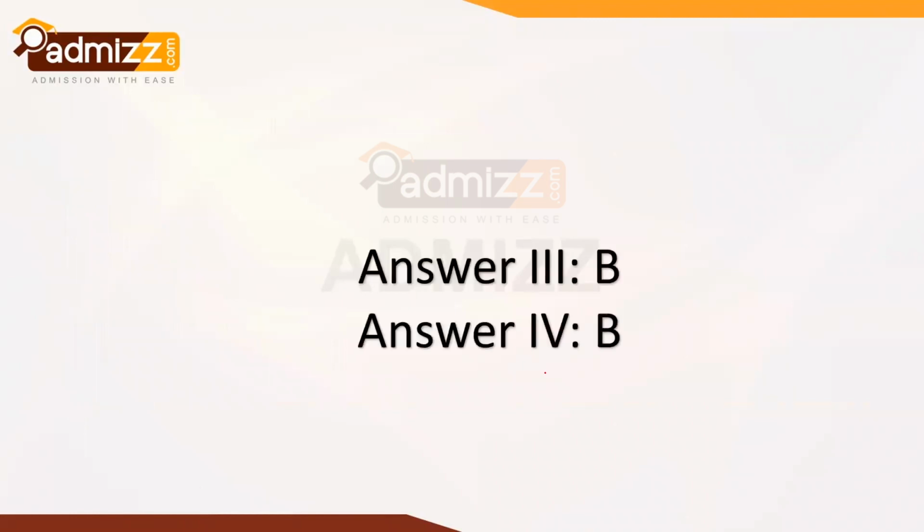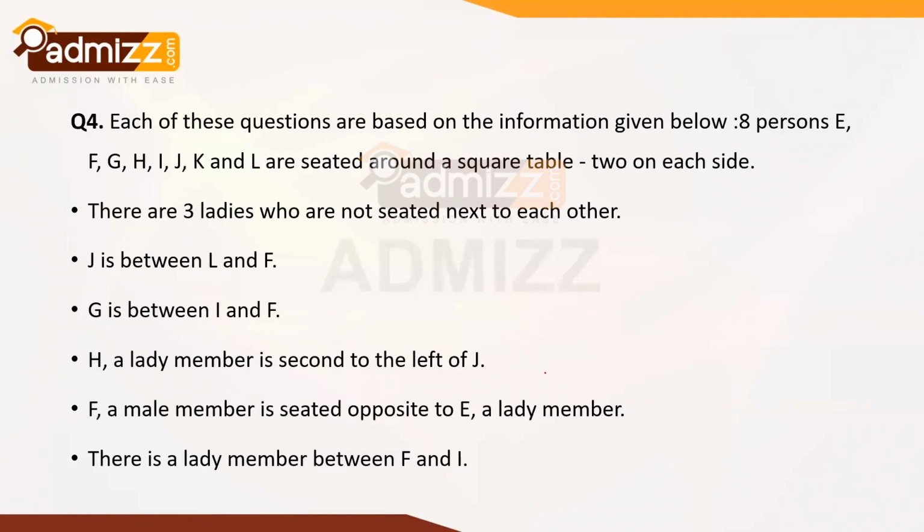So with that done, let's move on to the fourth question. Each of these questions is based on information given below, so there will be questions that follow. The information given is that we've got 8 people, E, F, G, H, I, J, K, L, who are seated around a square table.